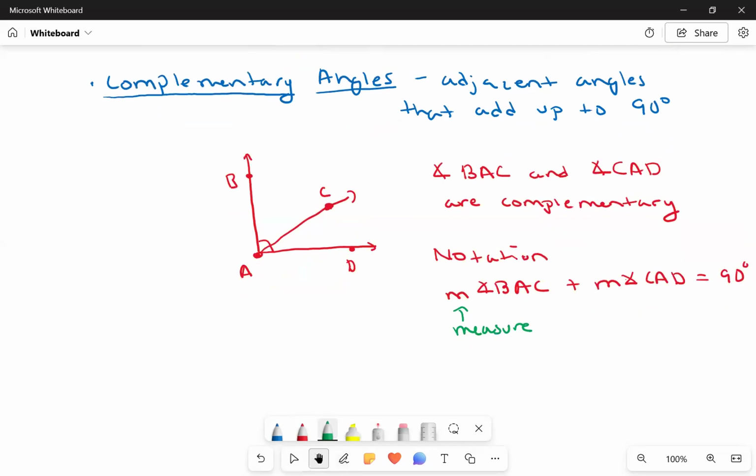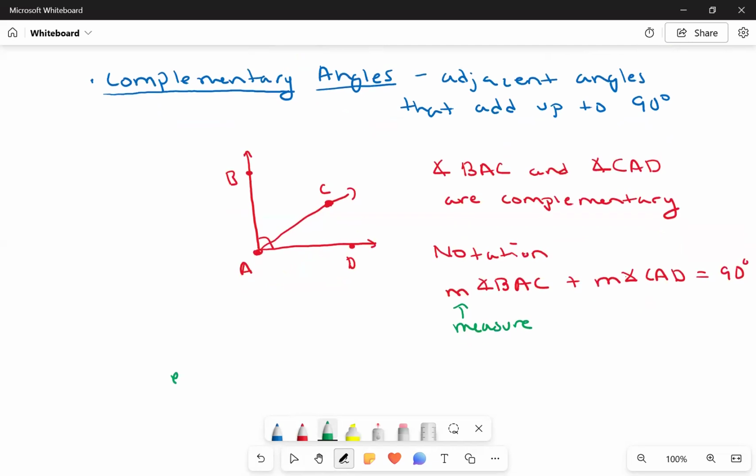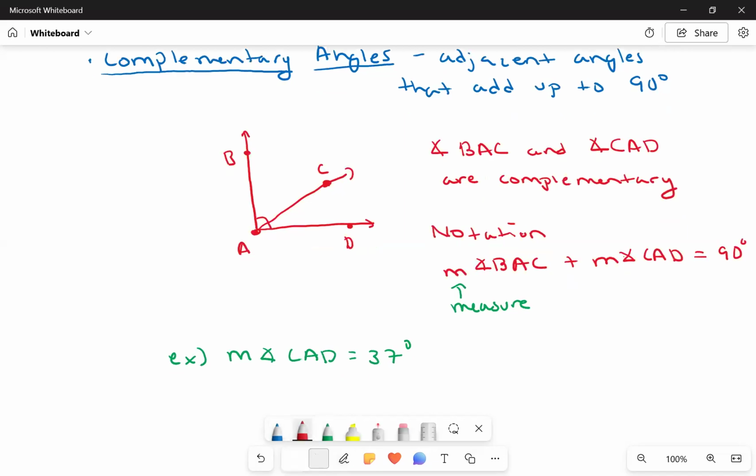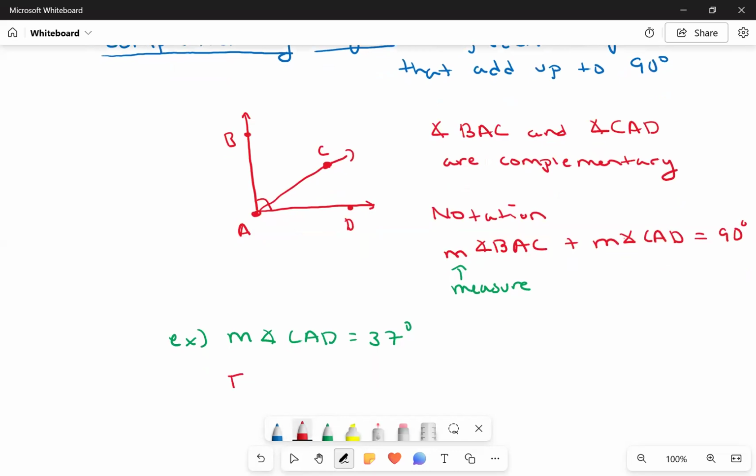All right. So if I happen to tell you that the measure of angle CAD was, let's say, 37 degrees, then you could find the measure of BAC by simply taking 90 degrees minus 37 degrees.